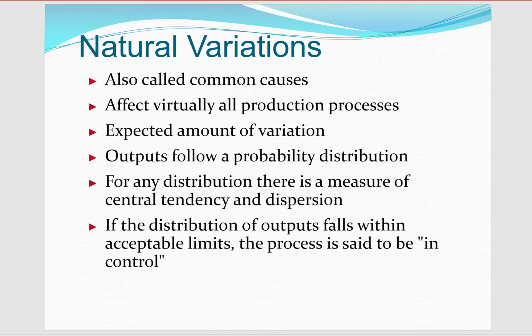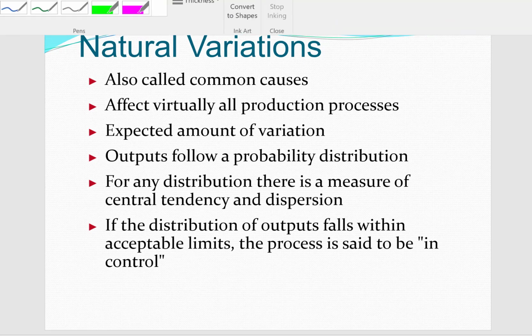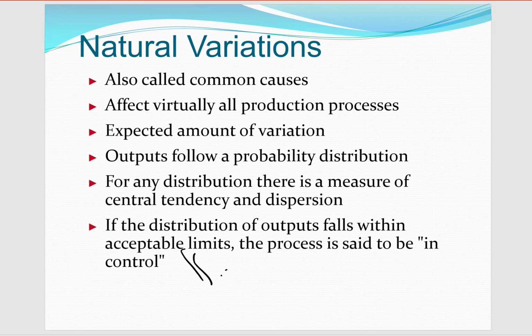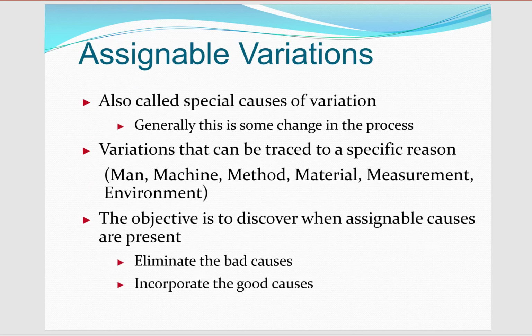Outputs of production processes follow a probability distribution, and for any distribution, of course, there's a measure of central tendency and dispersion. If that distribution of the outputs falls within the acceptable limits, and by these acceptable limits we mean statistical control limits, then we say that the process is within control or in control.